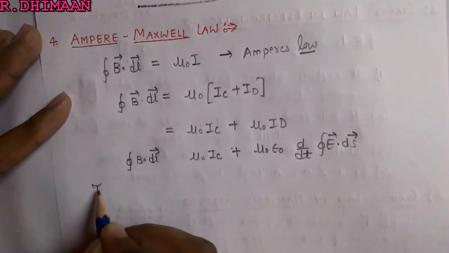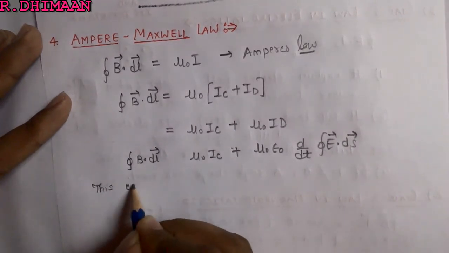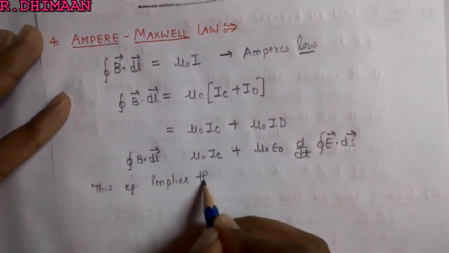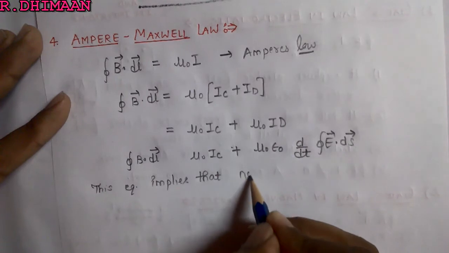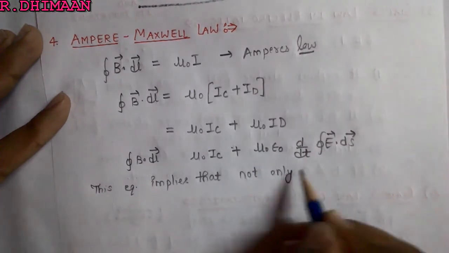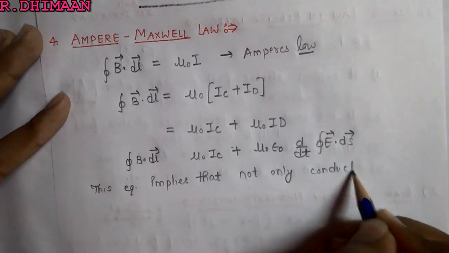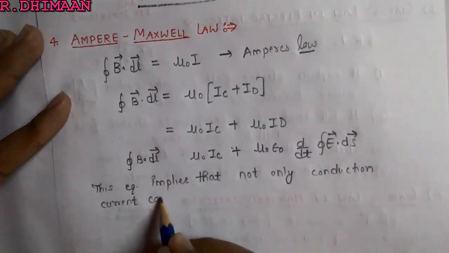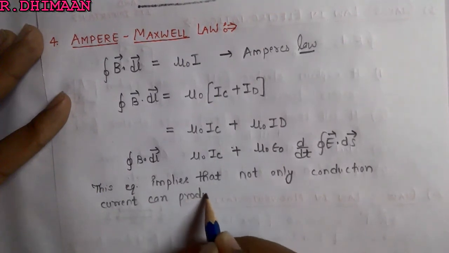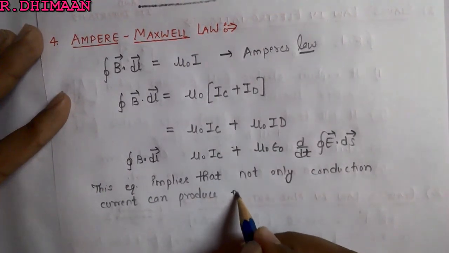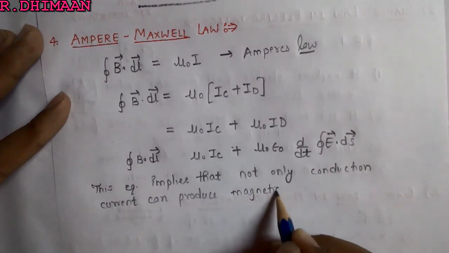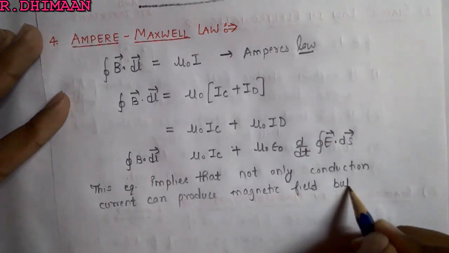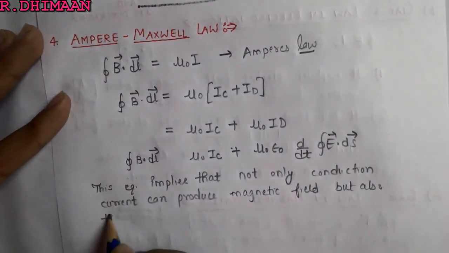This equation implies that not only conduction current can produce magnetic fields, but also the displacement currents.